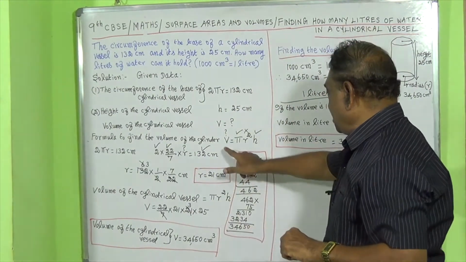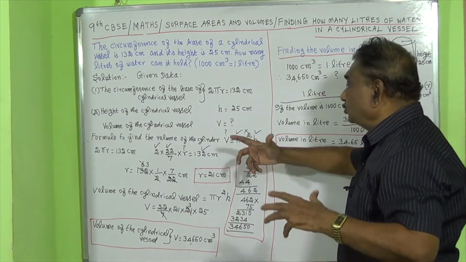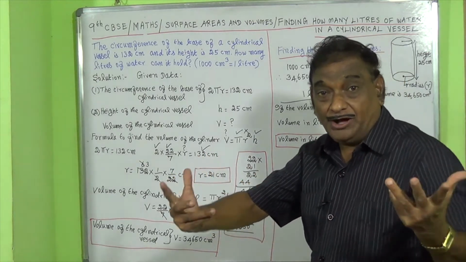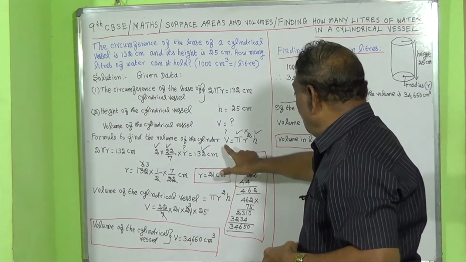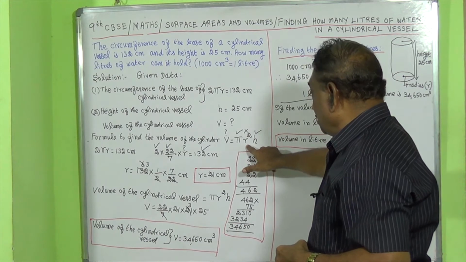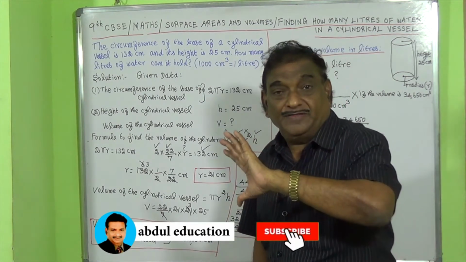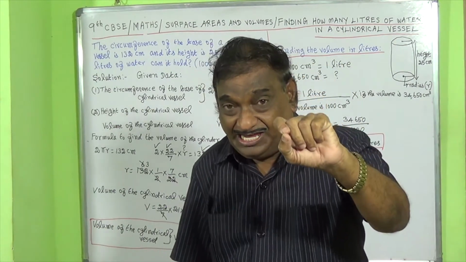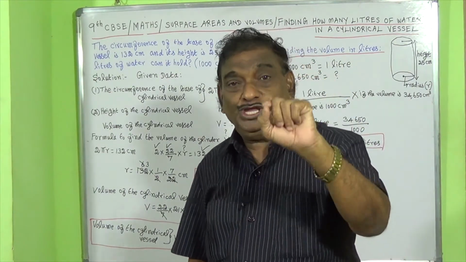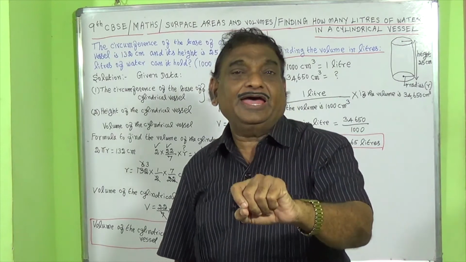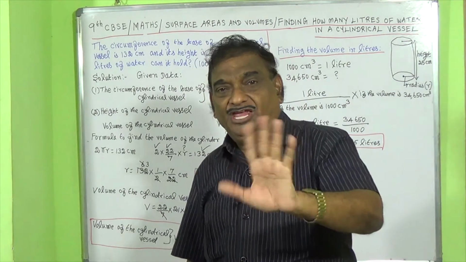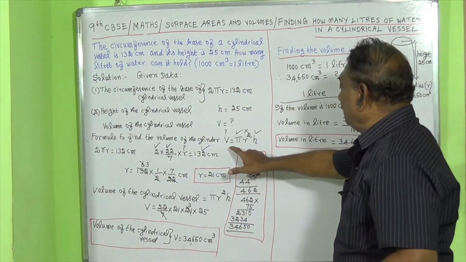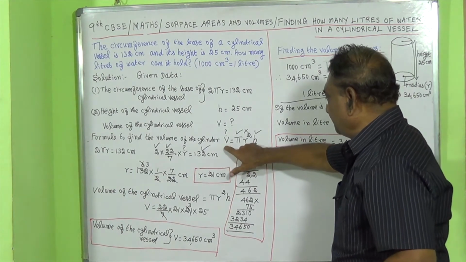In this equation we do not know two data, that is volume and radius. So we cannot find the volume of the cylindrical vessel directly. Without knowing the radius, we cannot find the volume.